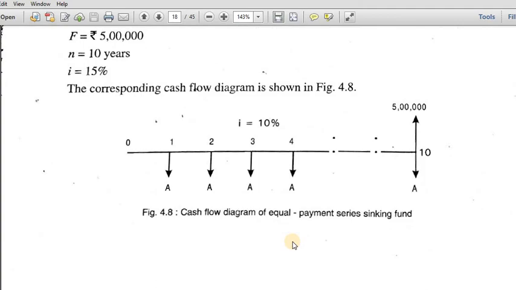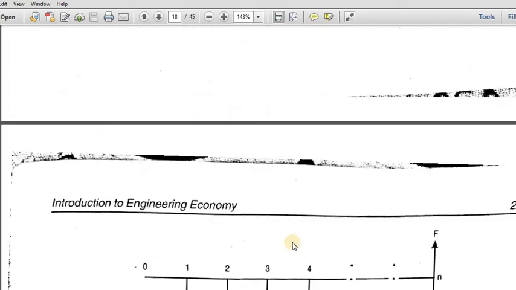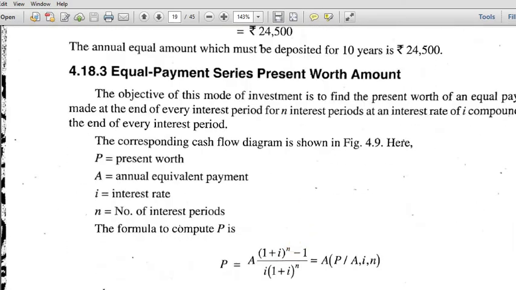Okay, fine. Next thing is one more formula. Till now we have seen two formulas, right? So the third formula we are going to see is the equal payment series present worth method. The objective of this mode of investment is to find the present worth of an equal payment made at the end of every interest period.